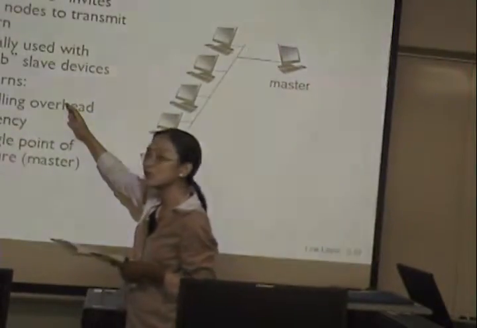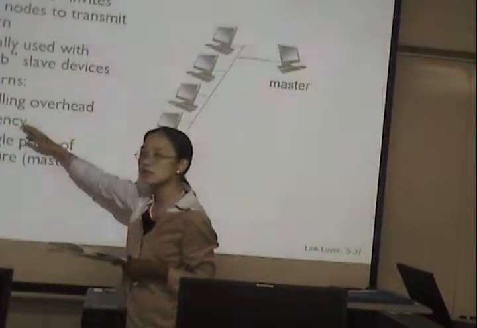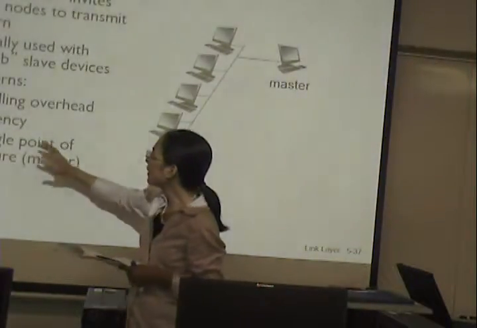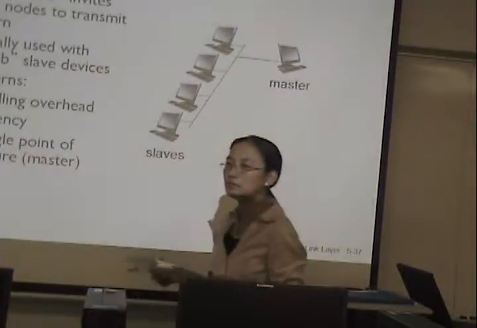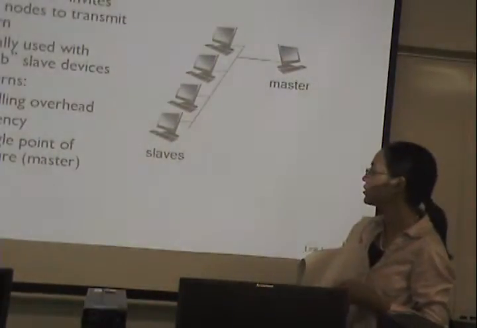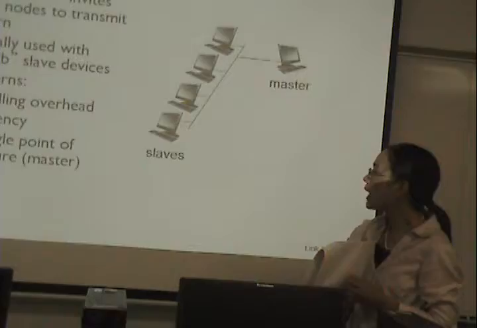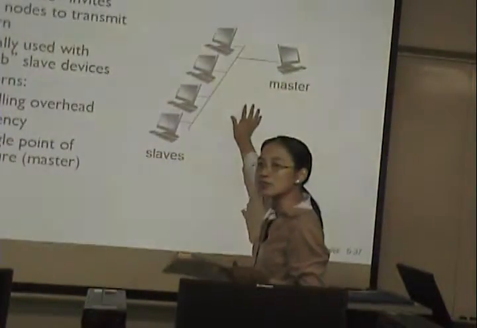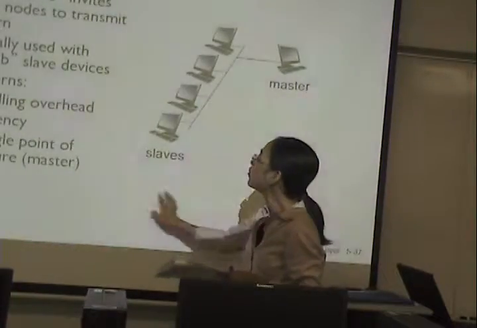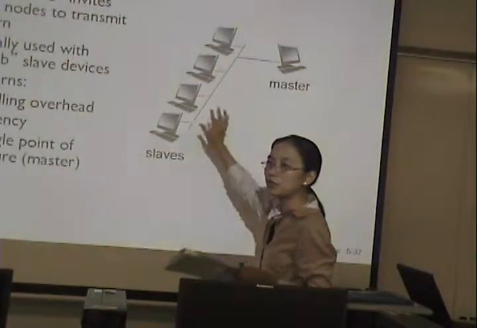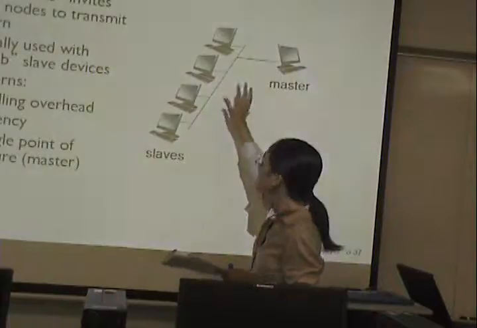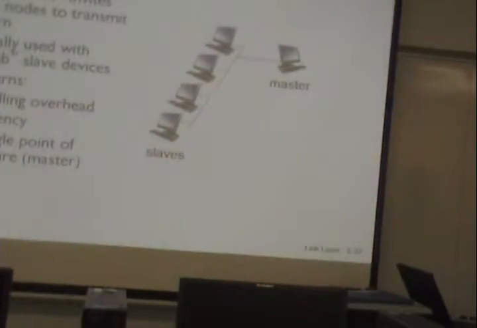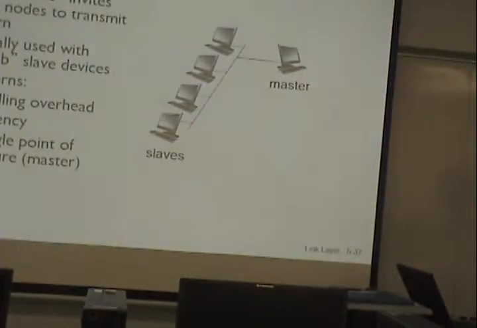So overhead wastes the channel, and latency brings unnecessary waiting. And the third item I consider a more serious problem: what if your master fails? If the master fails for some reason, then the whole network will fail. Even if all the slaves work fine, the network doesn't work anymore.